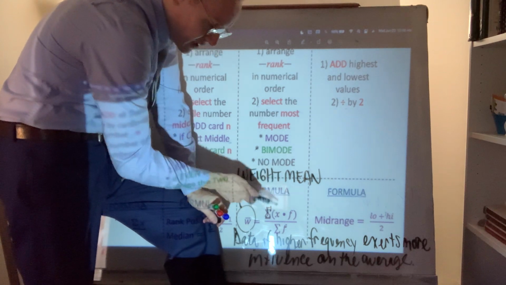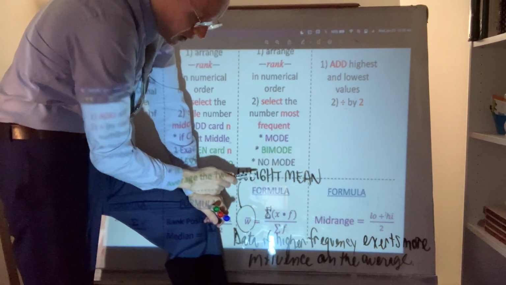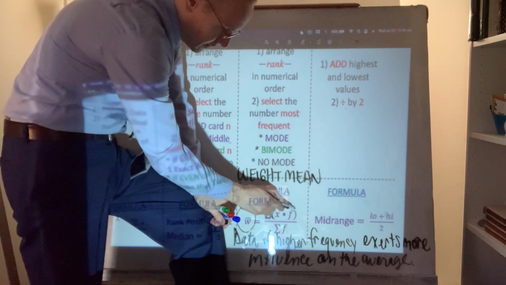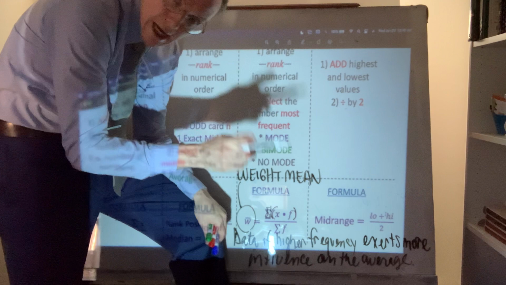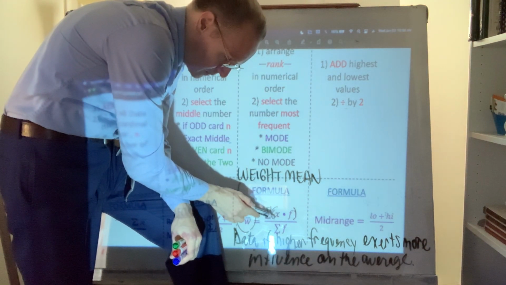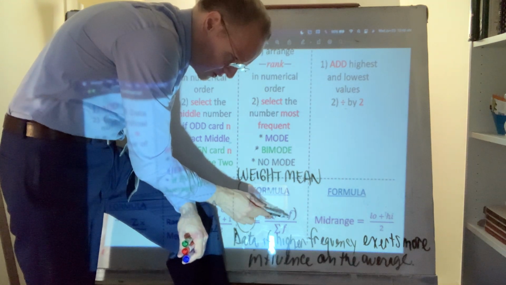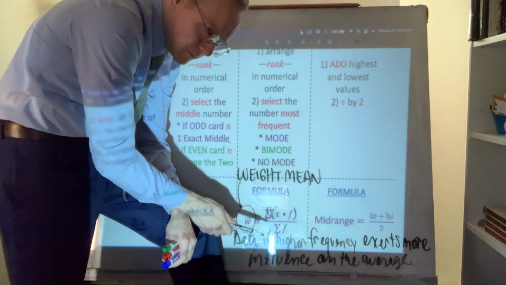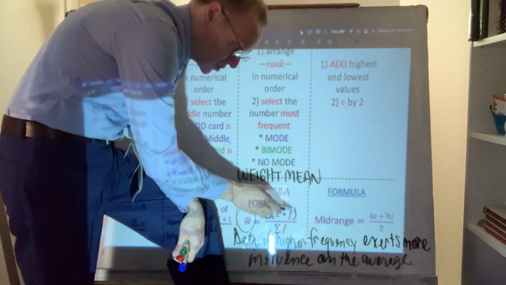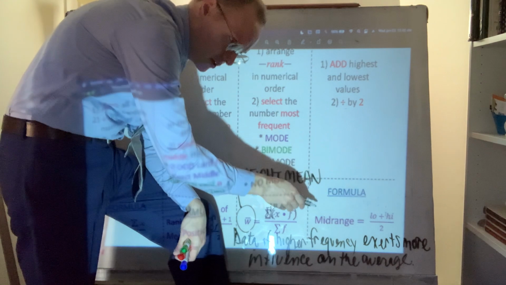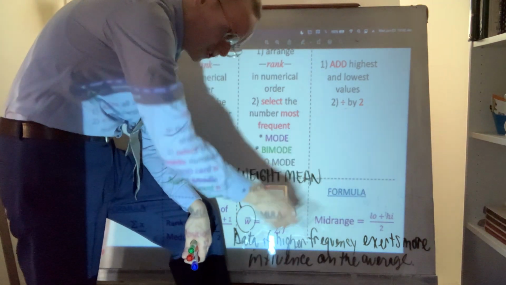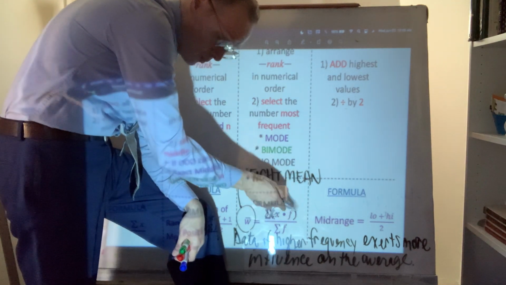You're going to sum the data as you always would. But in this parentheses, for each data value you will write the data value, that is the x value, and multiply by its frequency. So if you had the same number occur 3 times, it would be that value times 3, plus the next data value times its frequency, plus the next data value times its frequency, which may just be 1.